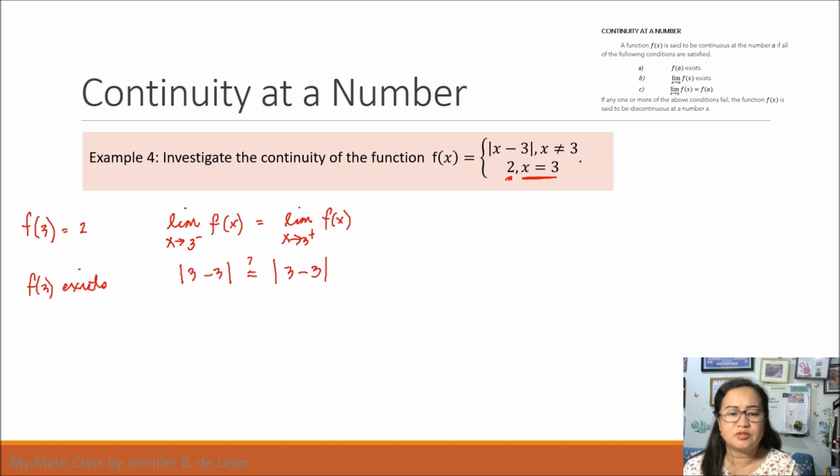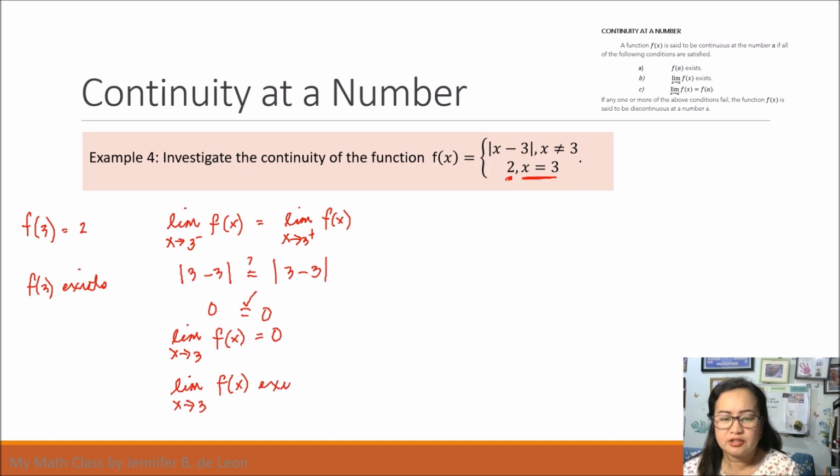Is this really equal to each other? We will have 0 equals 0. We were able to get that the limit of f of x as x approaches 3 is equal to 0. So the limit of f of x as x approaches 3 exists. This shows that the function satisfies the second condition.